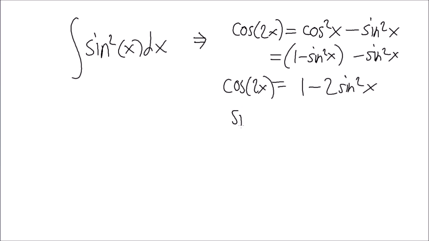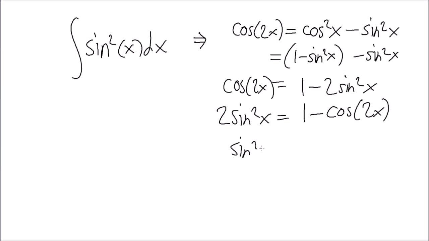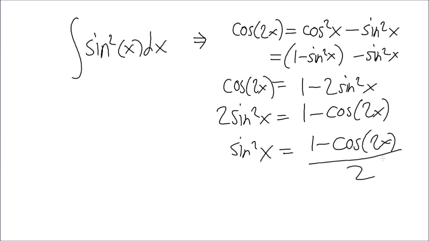So 2 sine square is equal to 1 minus cosine of 2x, and that's where that half came in. Sine square is equal to 1 minus cosine of 2x over 2. So that can be your emergency backup for your memory, right? So just remember this, and then sort of derive on to here.